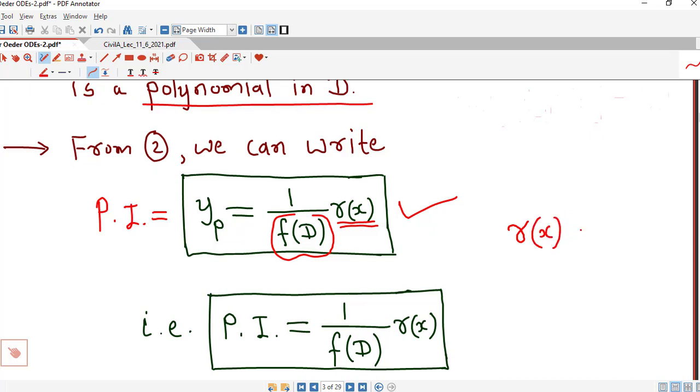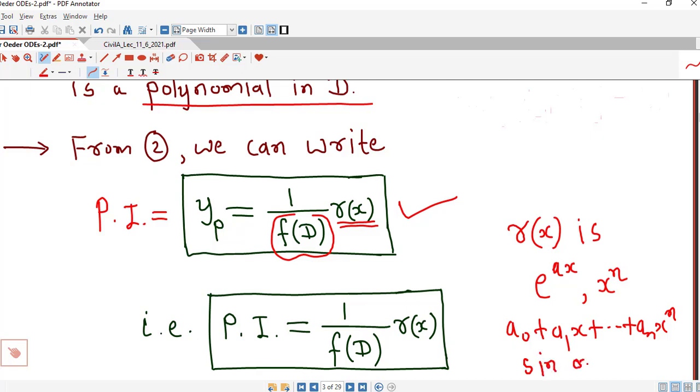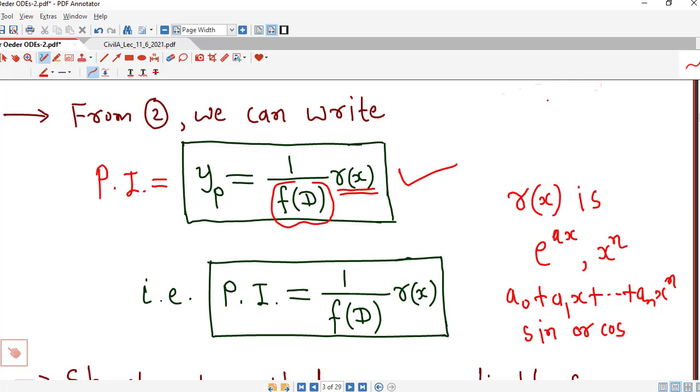So they are applicable if our right hand side is exponential function, that is e raised to ax. If our right hand side is polynomial function, that is x raised to n or in powers of x, or if our right hand side is sine or cosine function, and sum and product of all these functions is allowed.